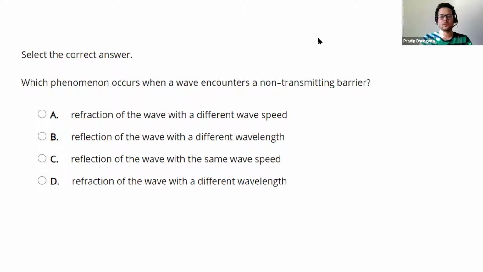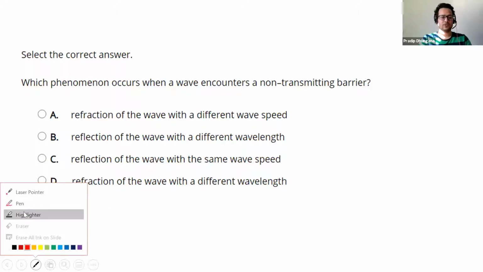The question is, which phenomenon occurs when a wave encounters a non-transmitting barrier? That means the wave cannot transmit through that barrier. Thank you very much for polling.